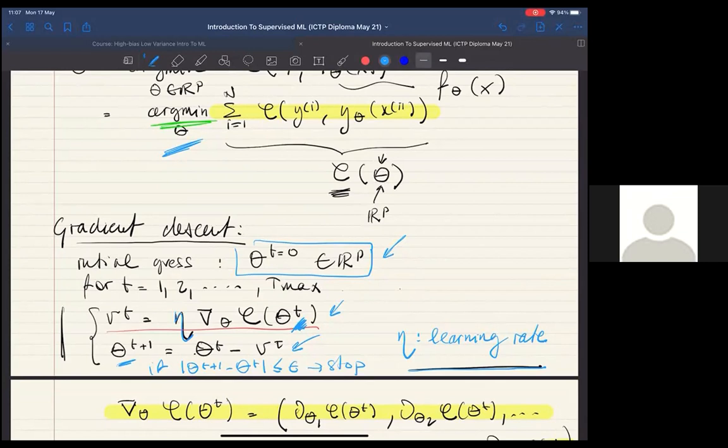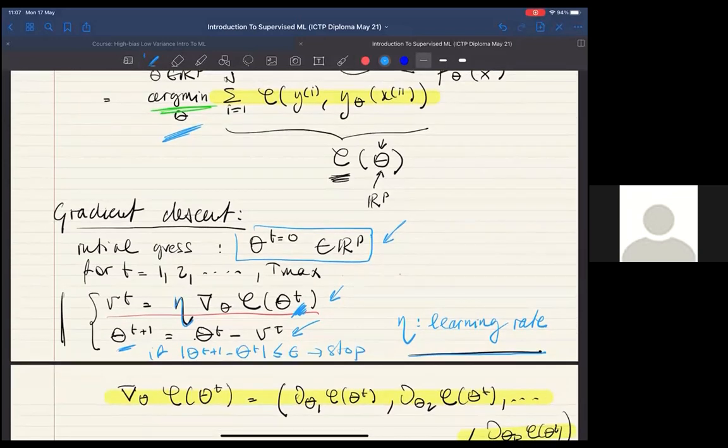Because if the learning rate is too high, you will update your parameters by a value with an amplitude too large, and you will go further than the actual minimum, and you will start to oscillate, if not diverge. So the learning rate is a very important quantity.